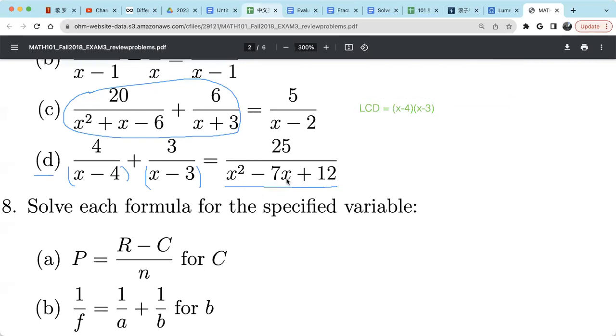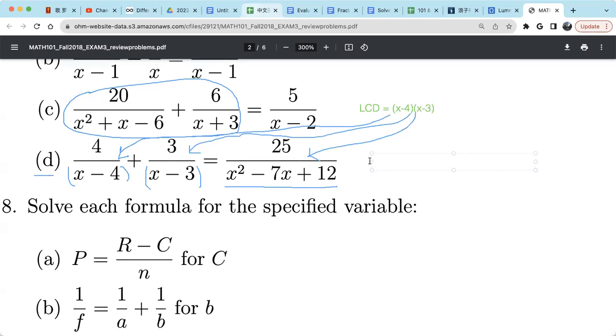Because x squared minus 7x plus 12 is the same as x minus 4 times x minus 3. So let's multiply the LCD with the first expression, with this one, and also with this one.